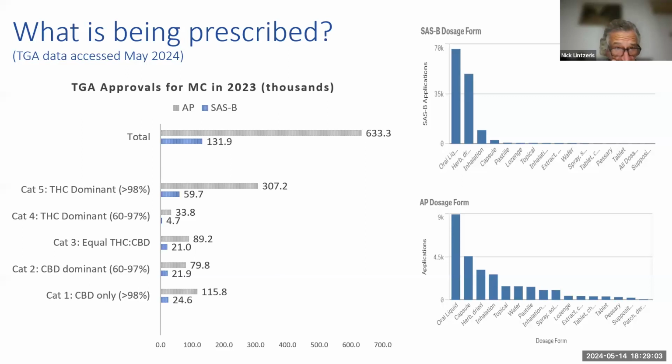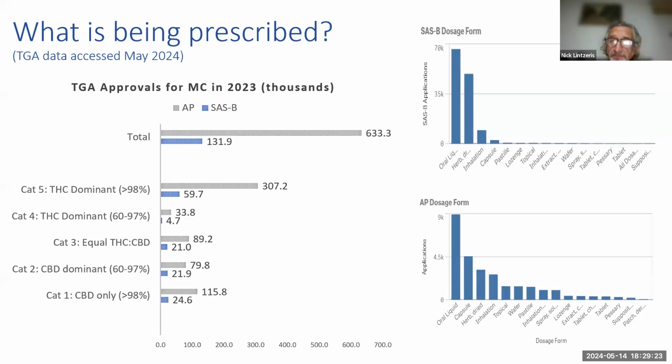You can see in Australia, the vast majority of prescriptions are for the THC dominant and THC only products, followed by CBD only. On the right, you will see the types of formulations that are being prescribed.